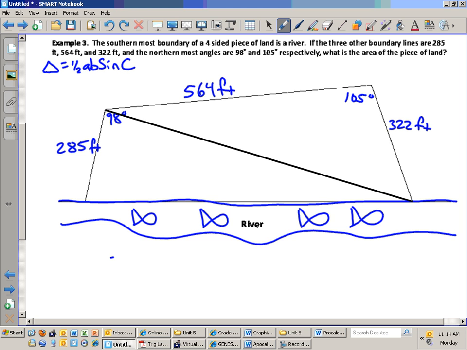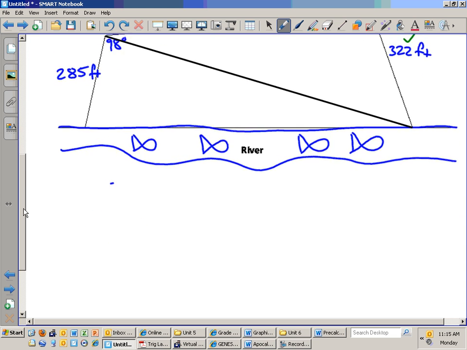So, if you look here, we have two sides and an included angle, correct? So I could find the area of that triangle, right? I will call it triangle 1. Triangle 1. And we'll call this other one triangle 2.